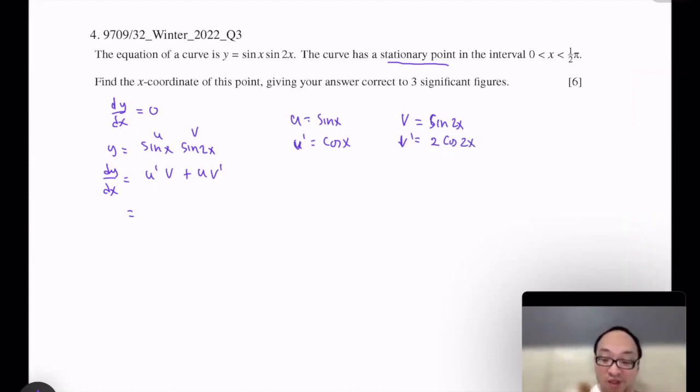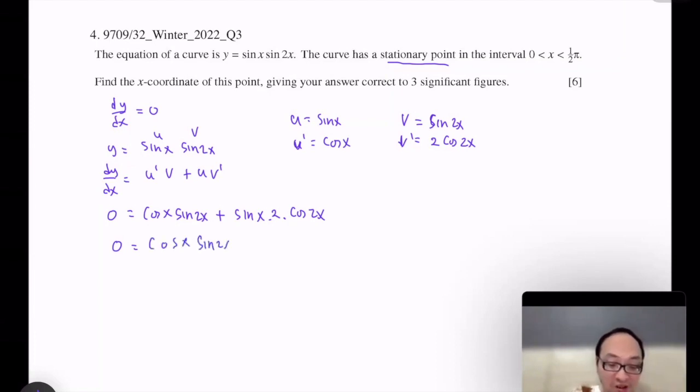So u prime v is cos x sin 2x plus u v prime, sin x times 2 cos 2x. This is equal to 0. Now, how do we solve this? Just rewrite the expression first: cos x sin 2x plus 2 sin x cos 2x.